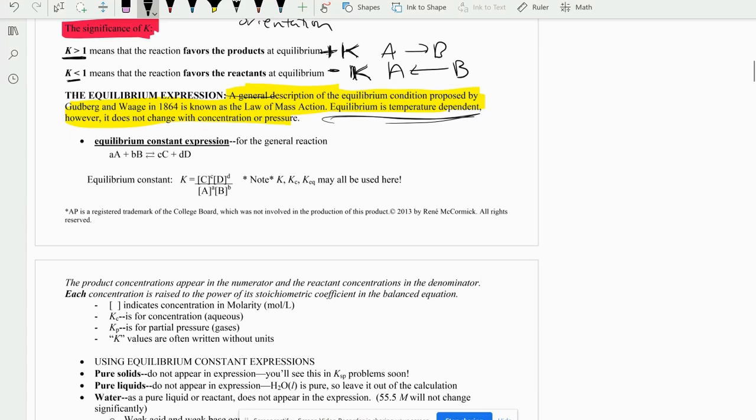What you notice down below is that if I wanted to write the equilibrium expression, I am going to need to set it equal to the equilibrium constant K. We did talk about K a second ago, and we'll keep talking about it. But if we're trying to figure out our equilibrium constant, what is K?